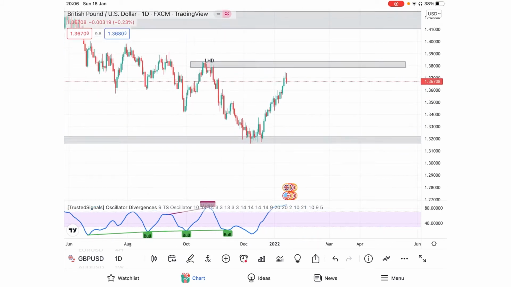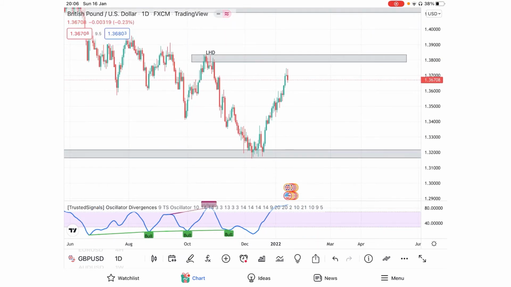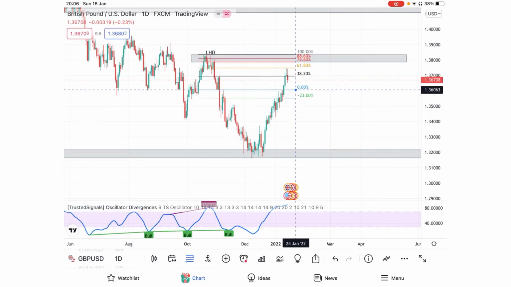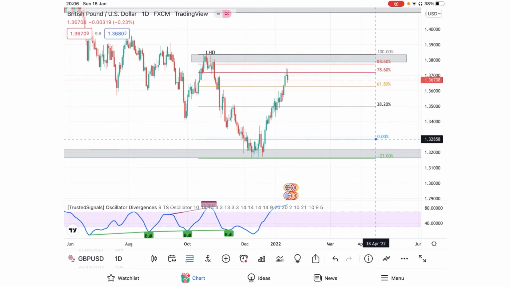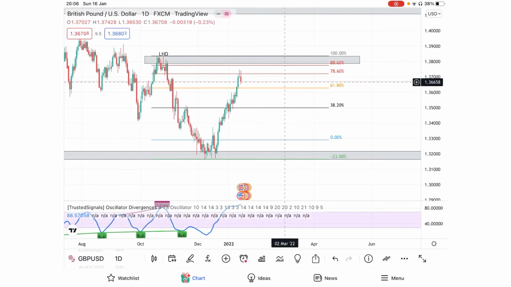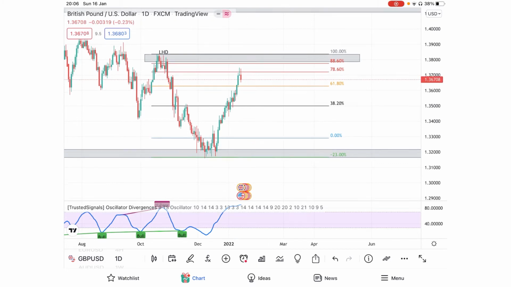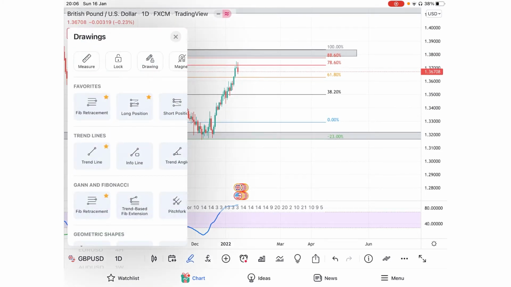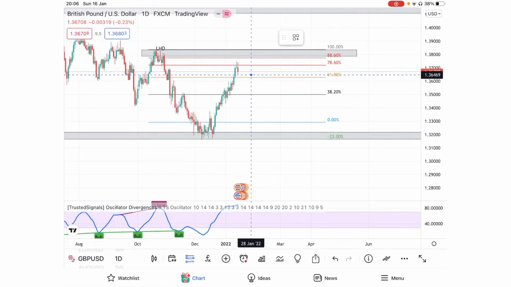But we also gotta keep in mind that if I put a fib right here, we are at a crucial spot on the fib level. Sometimes what price likes to do is to go even further than the 61.8 and bounce off this area. So this right here could be a sniper short position.